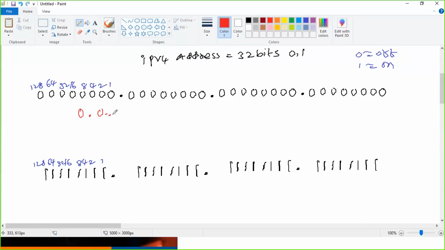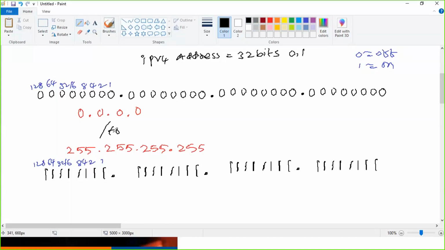Third octet? 0. Fourth octet? What about highest? All are on. So 128 plus 64 plus 32 plus 16 plus 8 plus 4 plus 2 plus 1. If you total it, the value will be 255. Dot. Second octet? 255. Third octet? 255. 255.